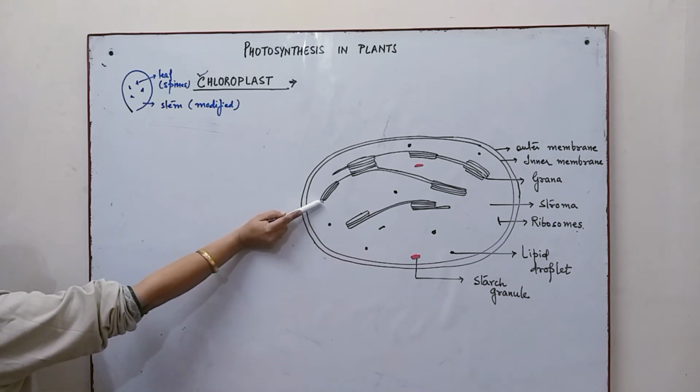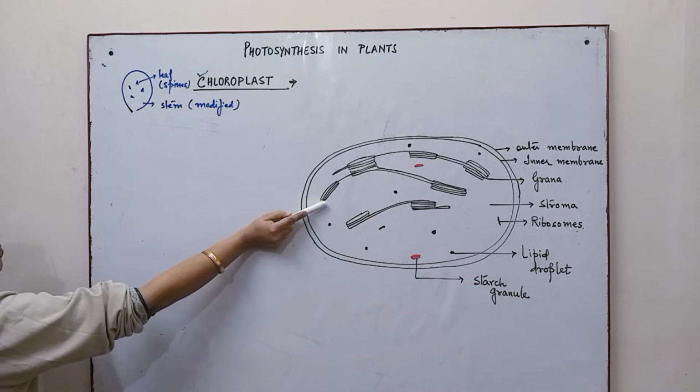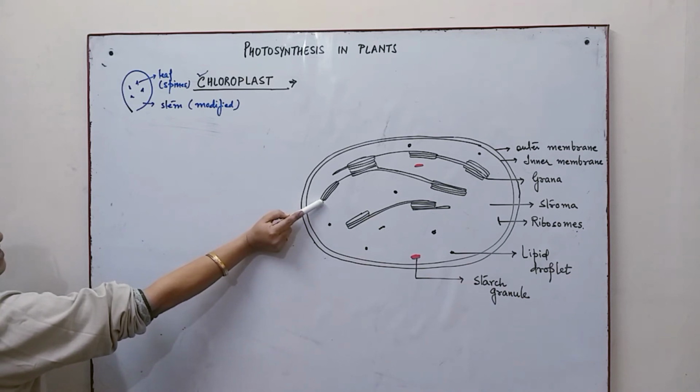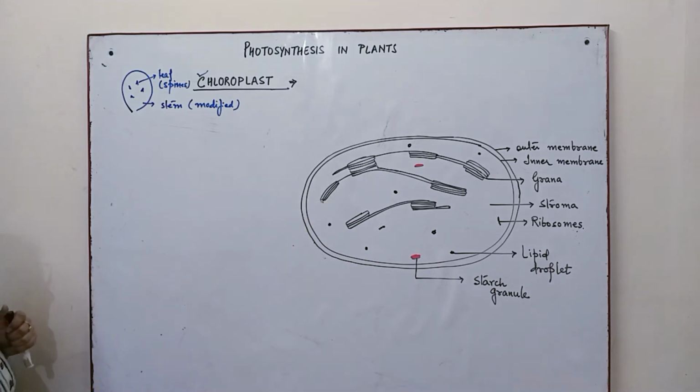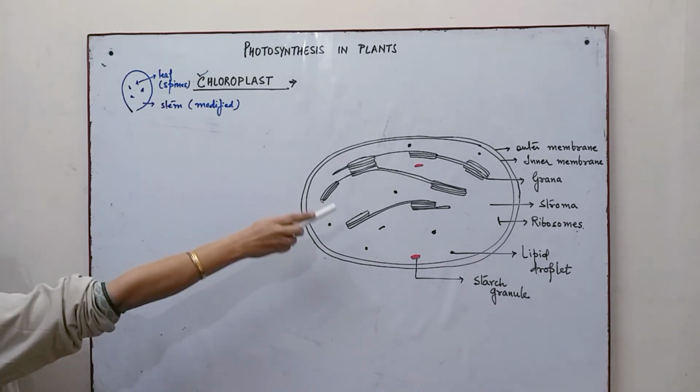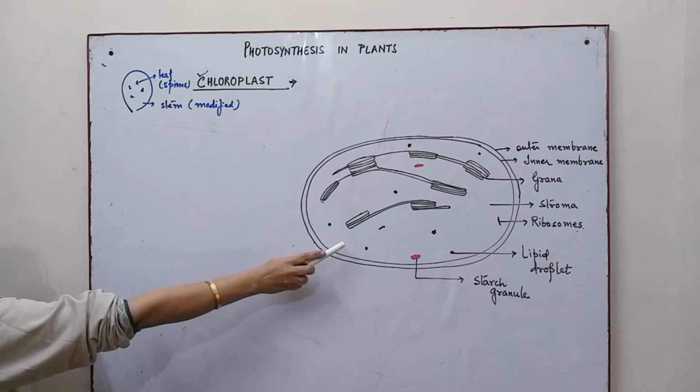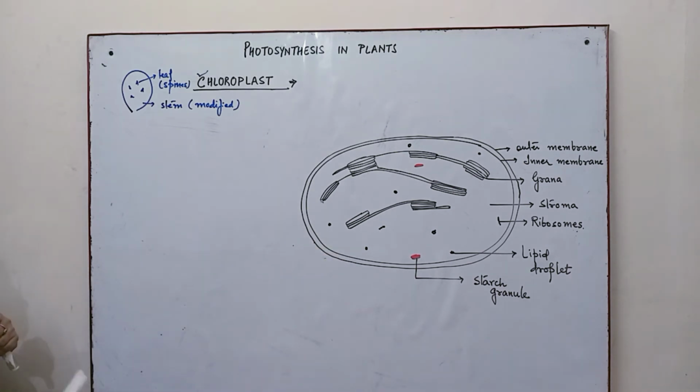Grana are membranes stacked over one another, known as thylakoids, and these thylakoids together form the grana. These grana are suspended within the stroma, and besides the grana and stroma, it has lipid droplets, starch granules and ribosomes. So chloroplast is the site where the process of photosynthesis happens.